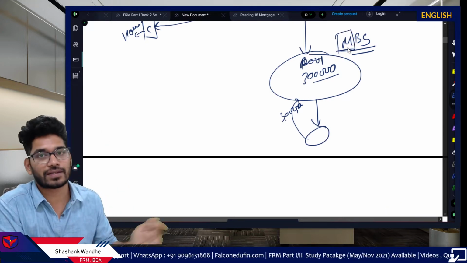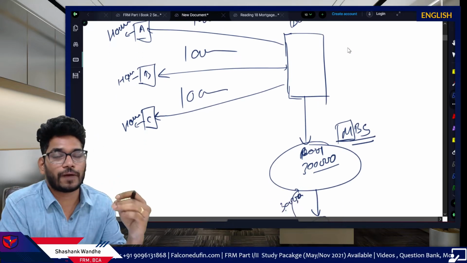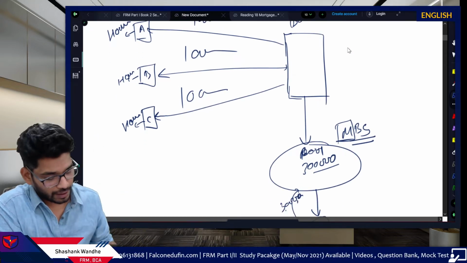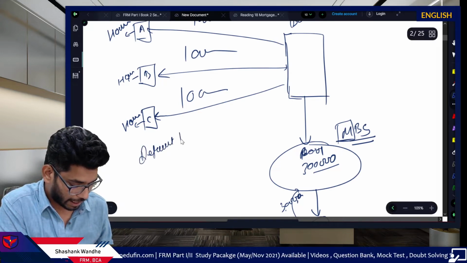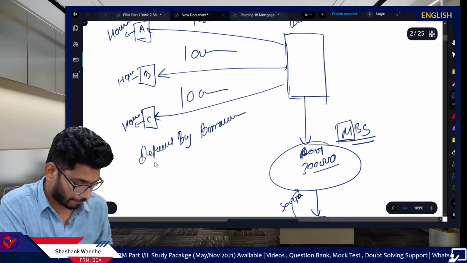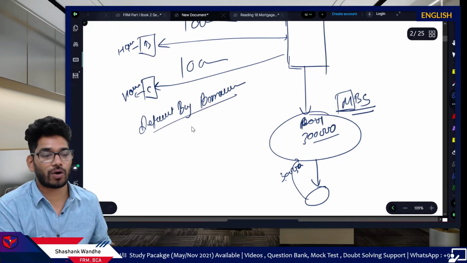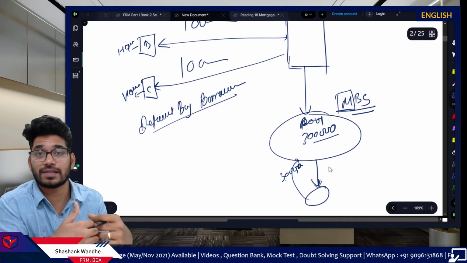Mortgages, mortgage-backed securities, right? This particular structure faces two types of problems. So first problem is default by borrower. Okay, default by borrower. If the borrower defaults, now investor has receivables, right?